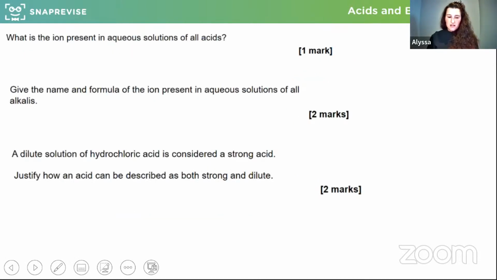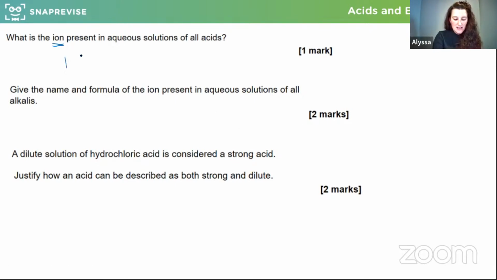So let's have a go at some exam questions. What is the ion present in aqueous solutions of all acids? Can you name it for me? Good, well done, fantastic.